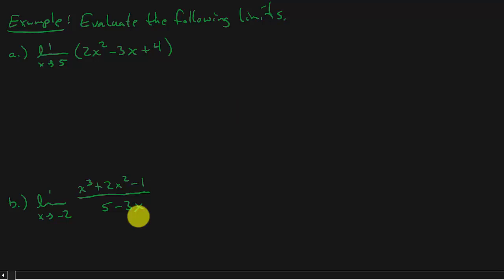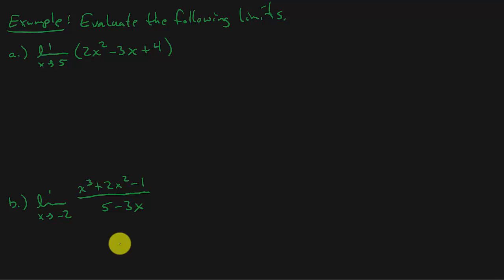We've got a property coming up right after this that makes it easier to evaluate these limits, but I think it's good for you to see this, breaking these up, because later on in your calculus class, it's going to be helpful to know how to break these up. It can make the problems easier to do.